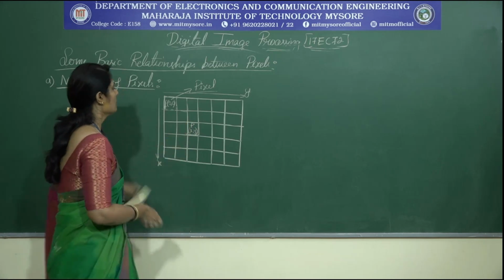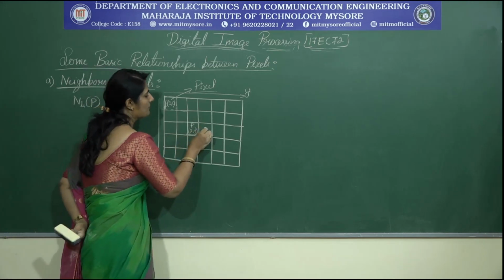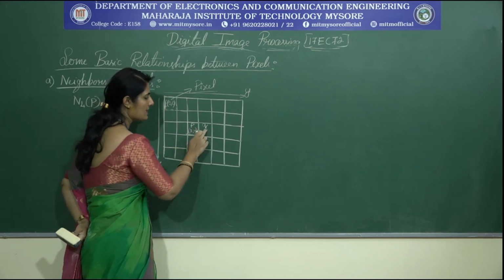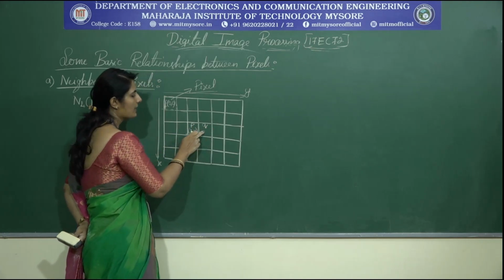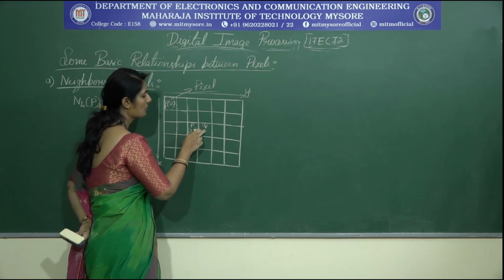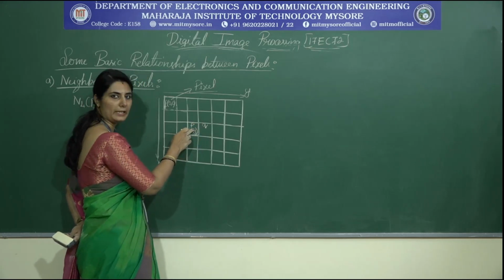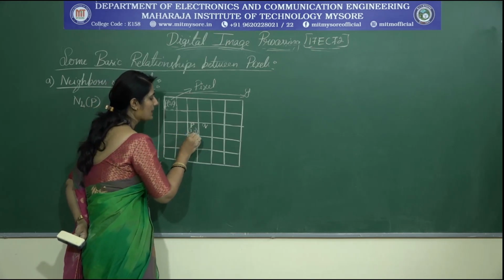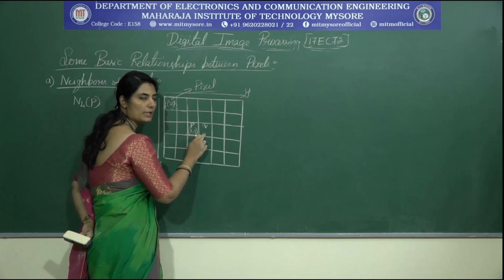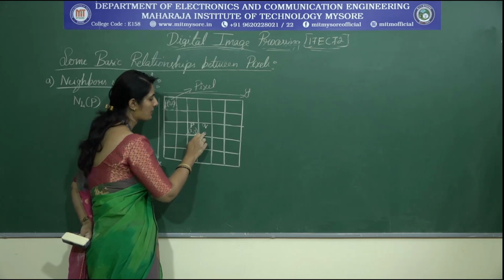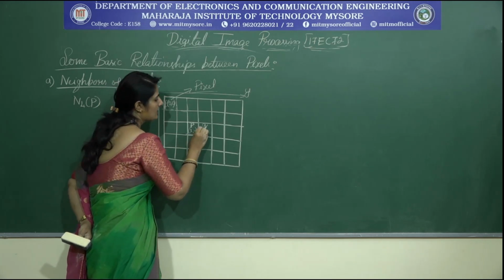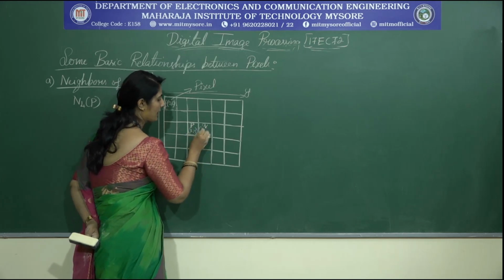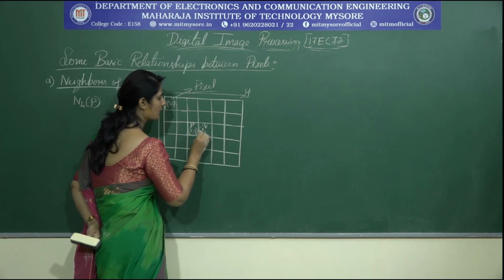If Q is another pixel at this location, we say that Q is a 4 neighbor of P. The location of P is x comma y. What would be the location of Q? This is the next column, same row, so x comma y plus 1.